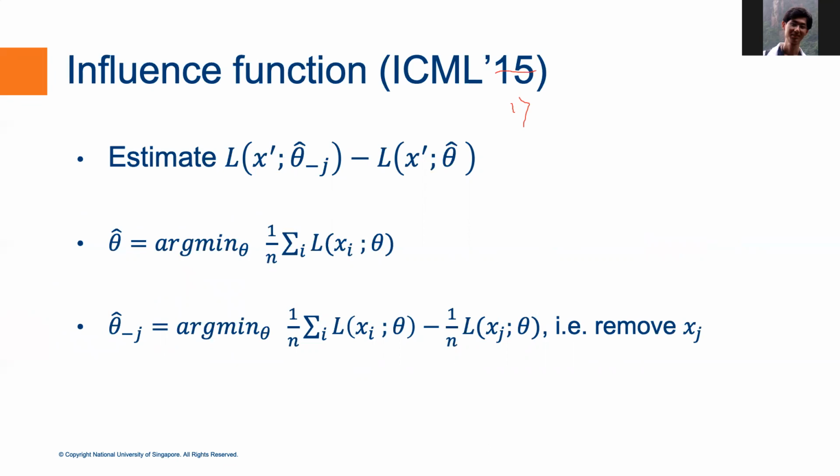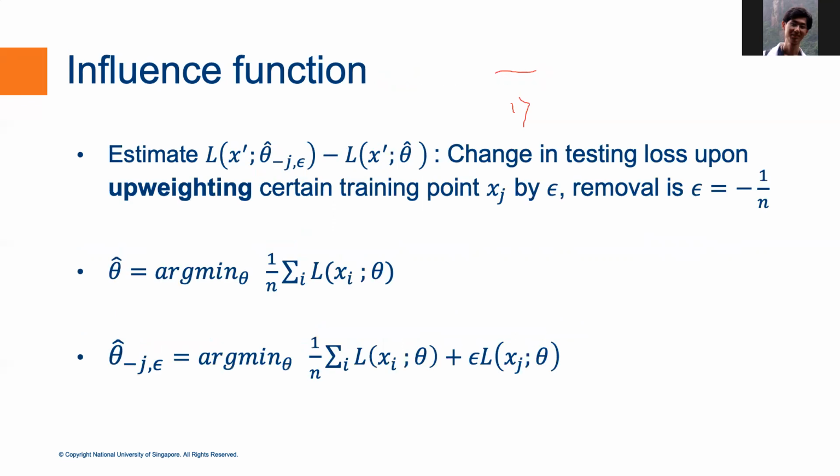All right. And if we slightly modify the estimation goal to be the change in testing loss upon upweighting a certain training point xj by epsilon, because removal is a special case of upweighting where epsilon takes the value of -1/n. So we can replace the -1/n with a general factor epsilon.